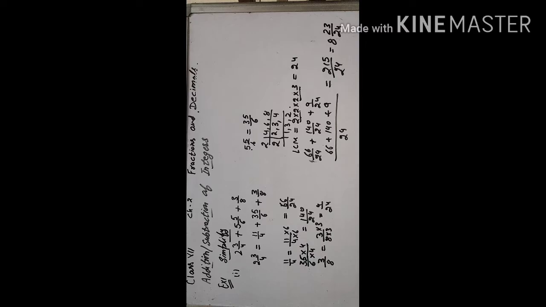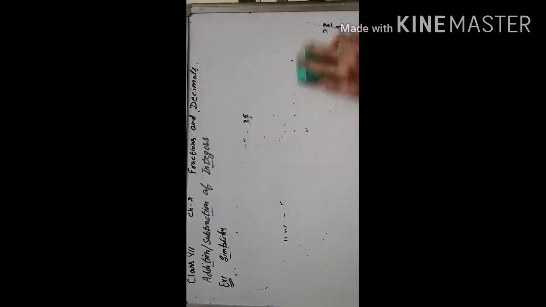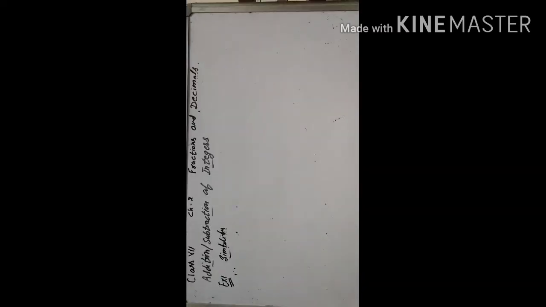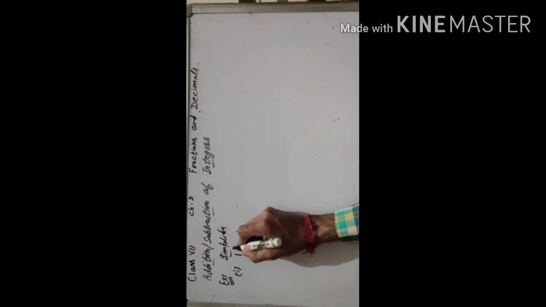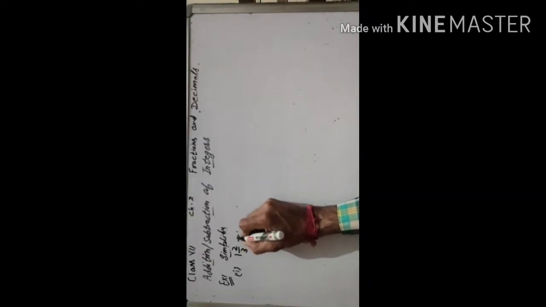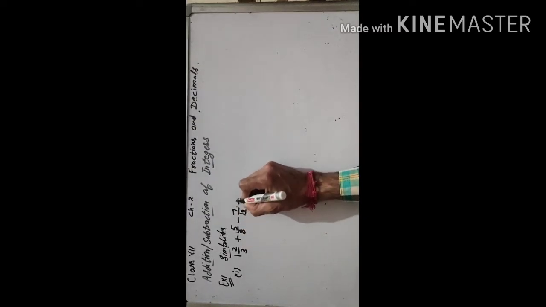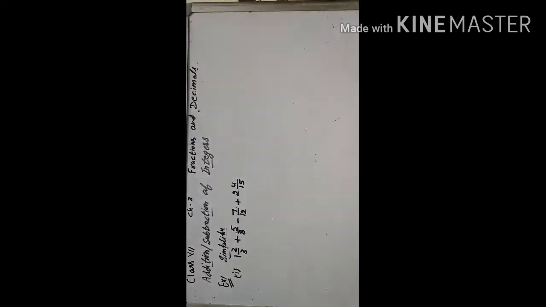Now the second example: 1 2/3 plus 5/8 minus 7/12 plus 2 4/15.